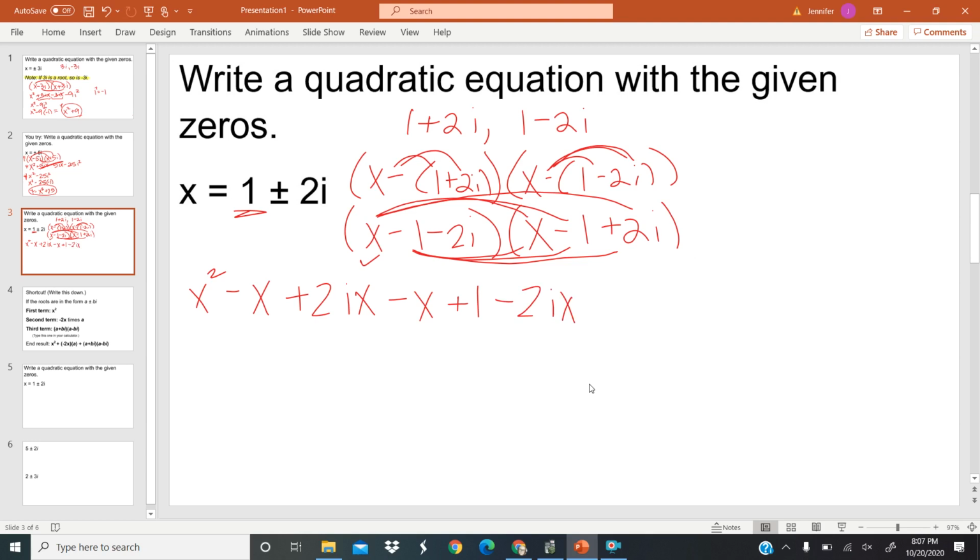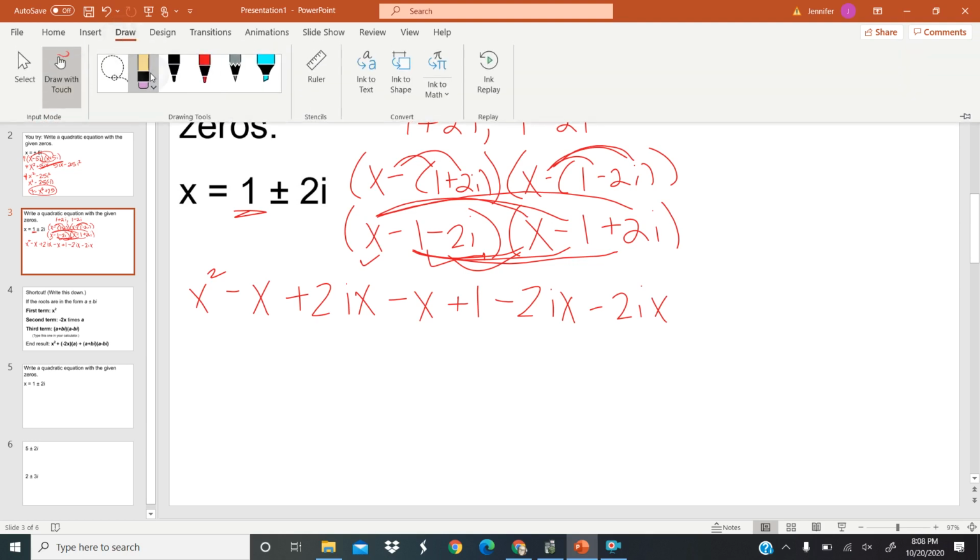And then the last thing I need to do is multiply my negative 2i times everything. I think I made a mistake on the last one. It was supposed to be negative 1 times 2i, not times 2ix. So I accidentally put an extra x in there.